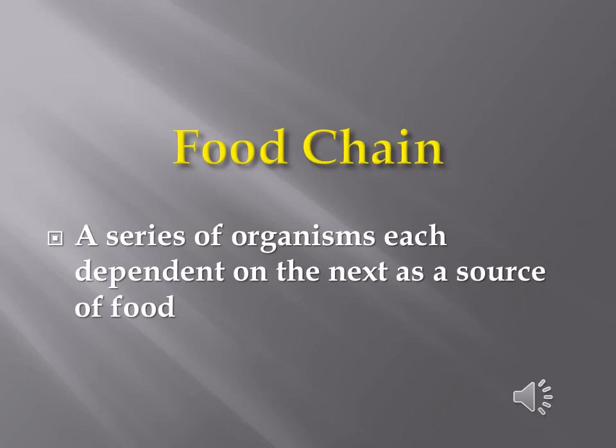From the food chain, we get to know how organisms or living things are connected with each other. Food chains and food webs form an integral part of the ecosystem.